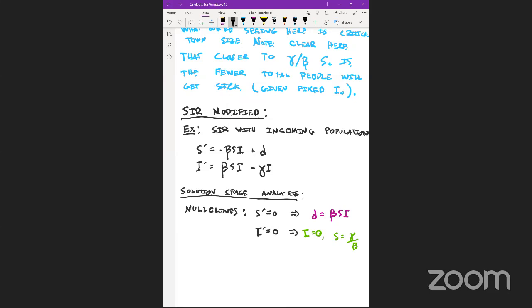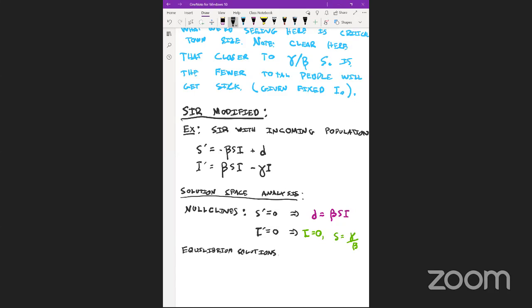Okay, so now our equilibrium solutions. Okay, so now here's the thing to observe. The equilibrium solutions are always going to occur at the intersections of two null clines, but specifically, they're always going to occur at the intersections of null clines from different equations. So I'm just going to state that.